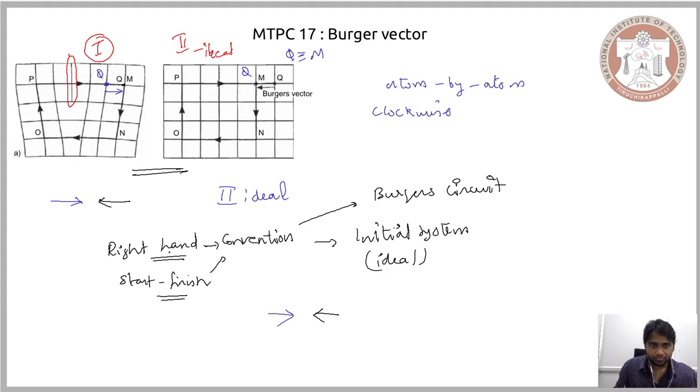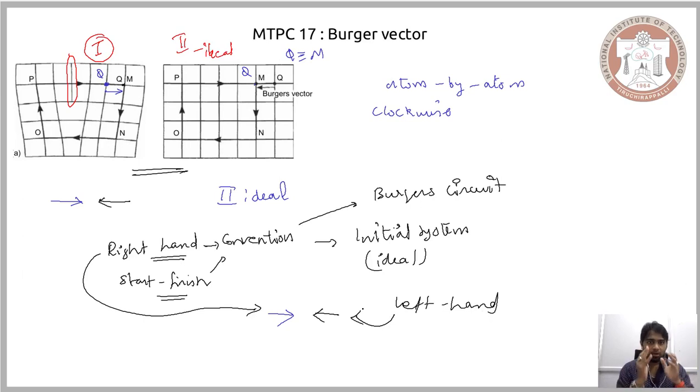In the right hand case, you would have the direction pointing in this manner, and in case of left hand convention, the direction is pointing opposite. So this is one of the conventions that you need to remember while constructing a Burgers circuit. Depending on which system you begin considering, the direction of the Burgers vector might vary. So this you need to understand.